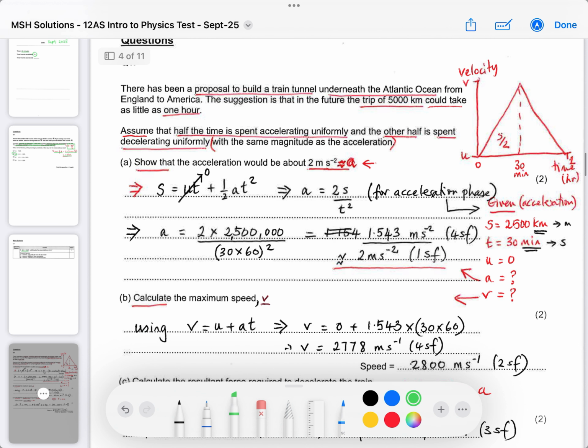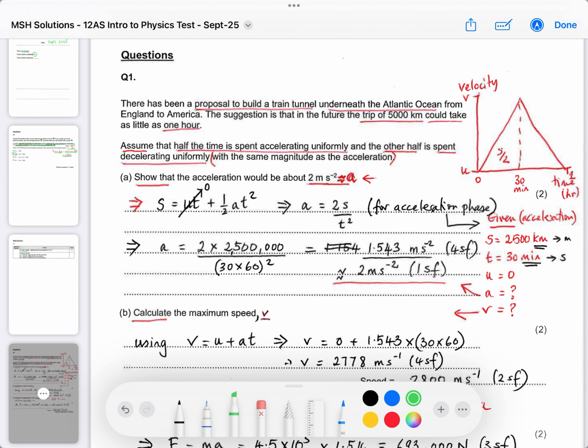Question 2 is more to do with kinematics, or the Suvat equations. So there's a proposal to build a train tunnel underneath the Atlantic Ocean, yeah, from England to America. And the suggestion is that in the future, the trip of 5,000 kilometers could take as little as 1 hour. Okay, so let's assume it's taking 1 hour.